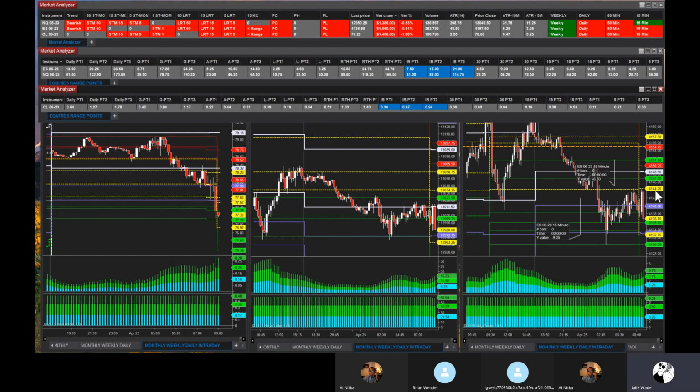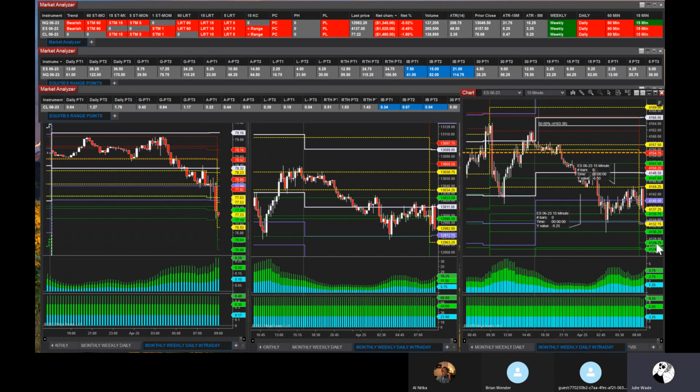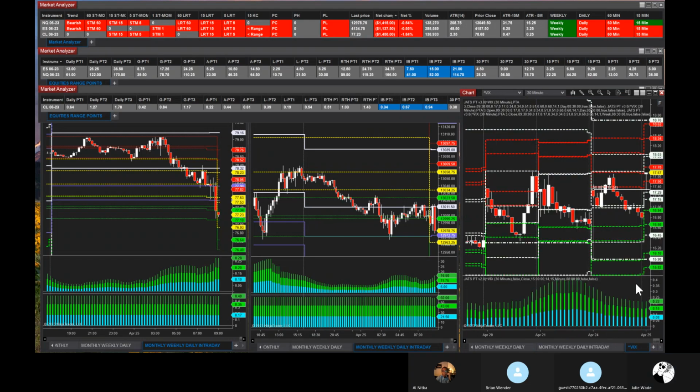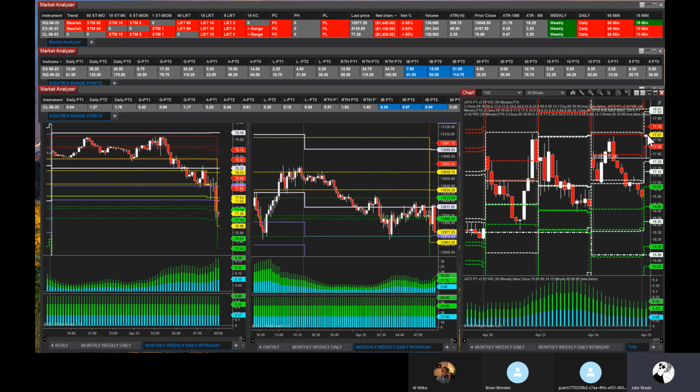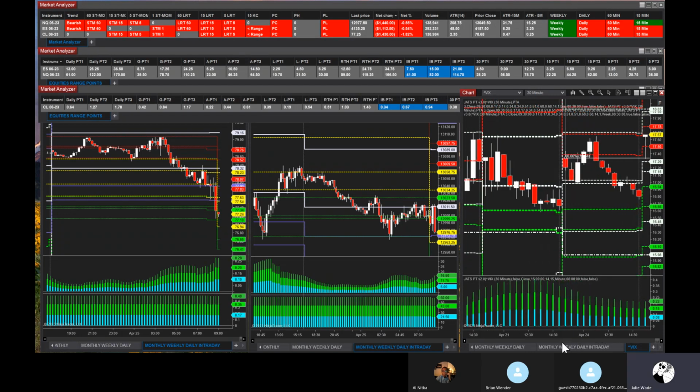Price is coming down now from the PT1 back towards the bottom end of this range. VIX is climbing off of the mid-band. Look at that.